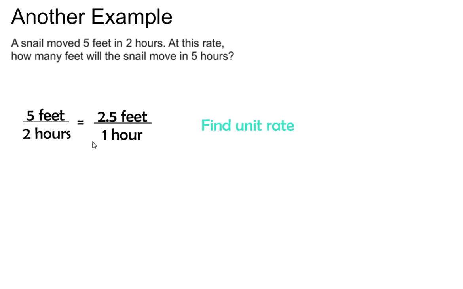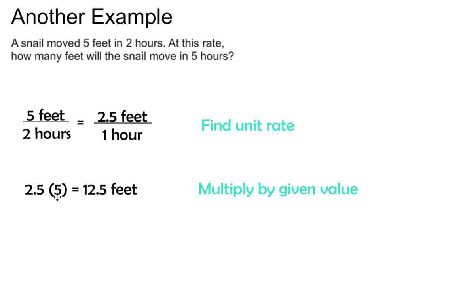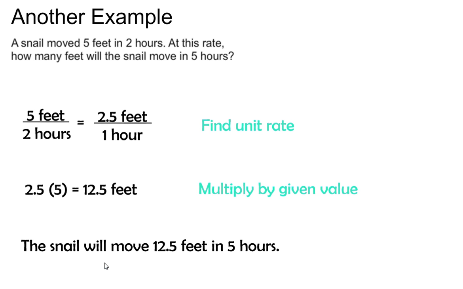My unit rate for a denominator of 1 is 2.5 feet in 1 hour. So if he only travels for just 1 hour, it's 2.5 feet. Now I'm going to use that to predict how many for 5 hours, and I'm going to multiply 2.5 times 5. That equals 12.5 feet. So the snail is going to move 12.5 feet in 5 hours.